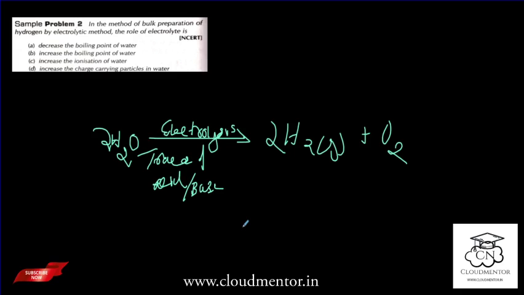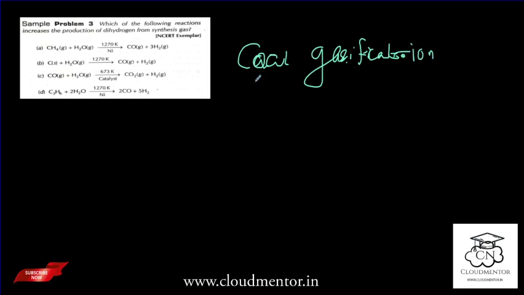And the next question is, which of the following reactions increases the production of dihydrogen from synthesis gas? So here the process of producing syngas or synthesis gas from coal is called coal gasification.